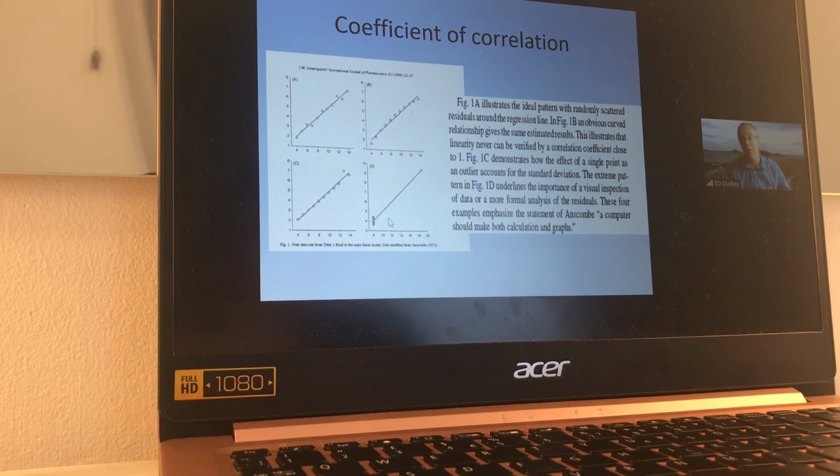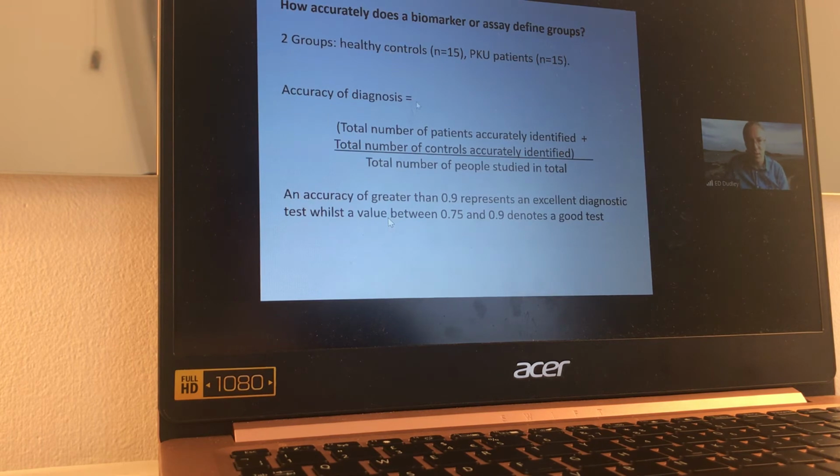We're then going to test whether, assuming the standard curve can accurately quantify phenylalanine, quantifying phenylalanine in PKU patients is a good diagnostic test for PKU. So we're going to have 30 individuals, 15 of whom are healthy and don't have phenylketonuria, and 15 who have PKU.